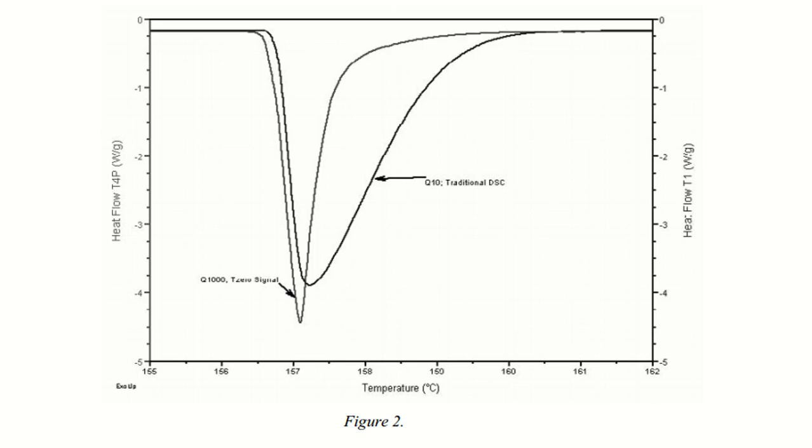It has increased sensitivity. Moreover, it has increased resolution. Separation of complex transitions is quite easy in modulated DSC over the traditional DSC, because modulated DSC helps us to scan the materials in a wide temperature range with more sensitivity and increased resolution.